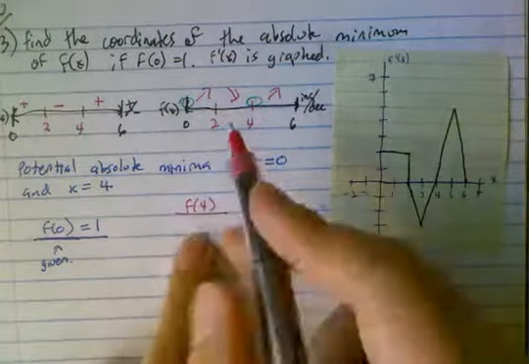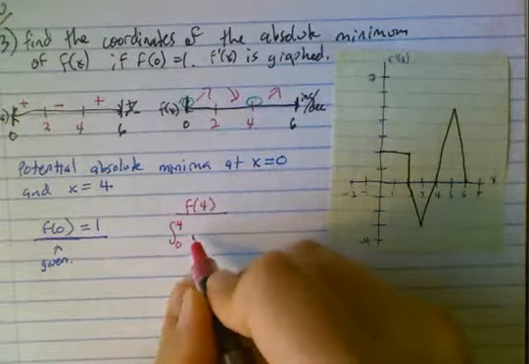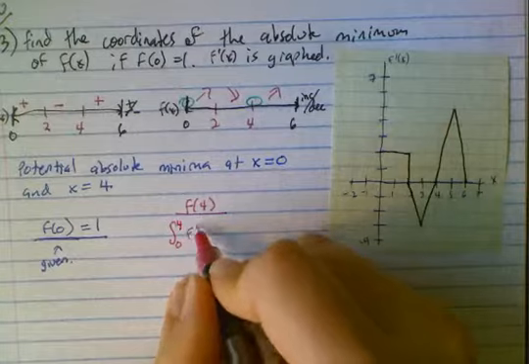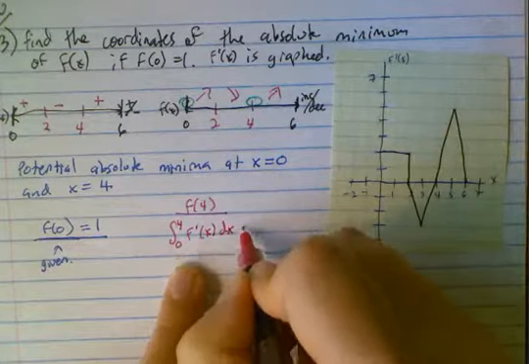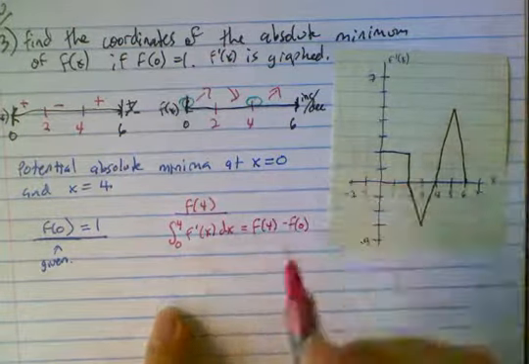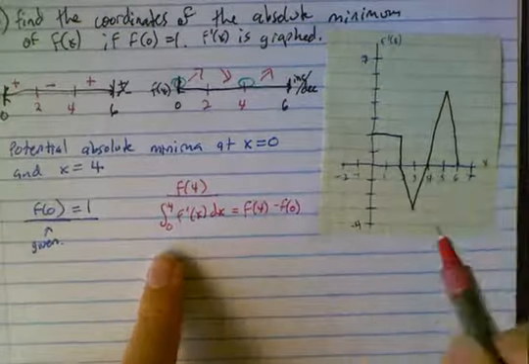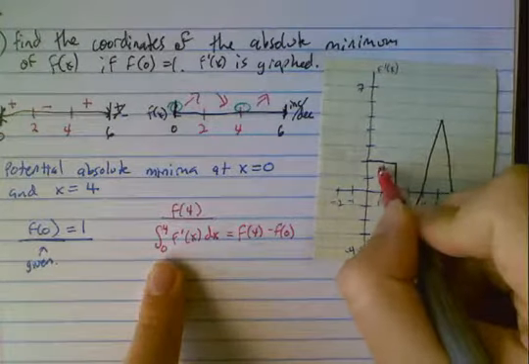So we know f of 0, we want to find f of 4. So the integral from 0 to 4 of f prime of x dx is going to equal f of 4 minus f of 0.